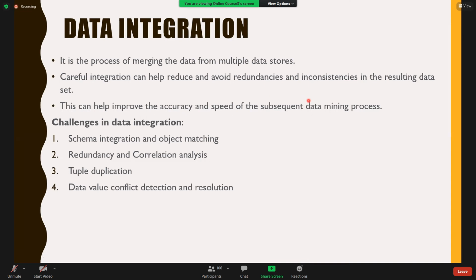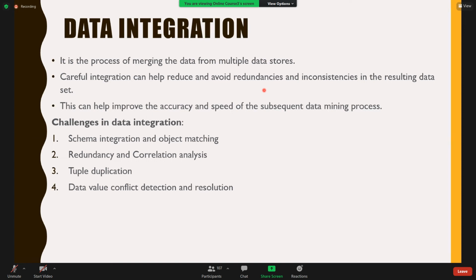So careful integration will improve the accuracy and speed of the subsequent data mining process. This data integration will help in improving the value of the business, as well as it gives better decision making.